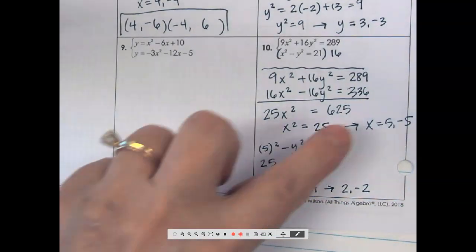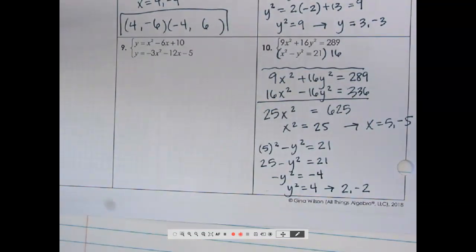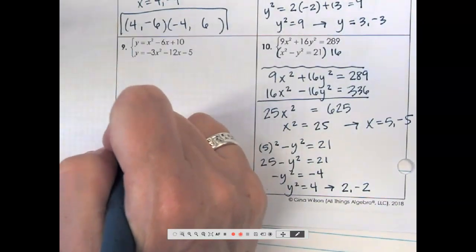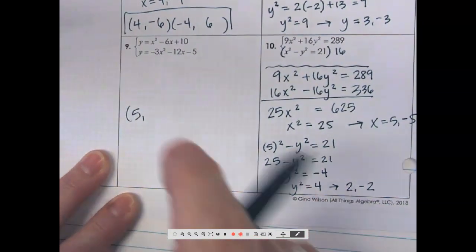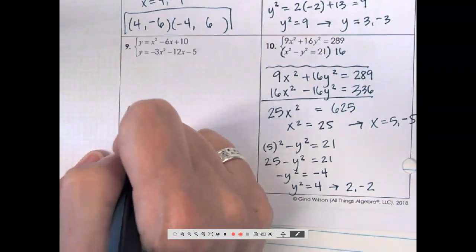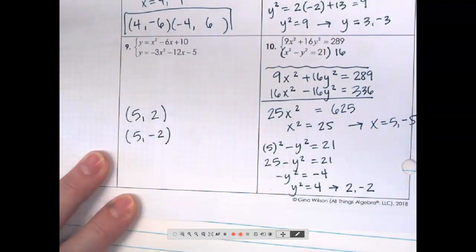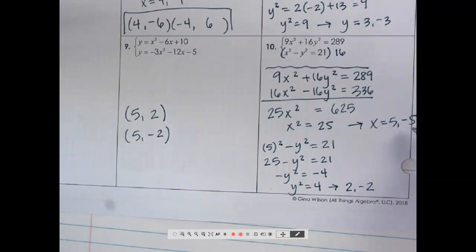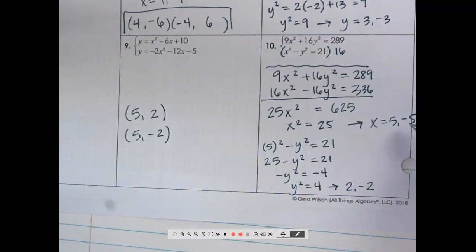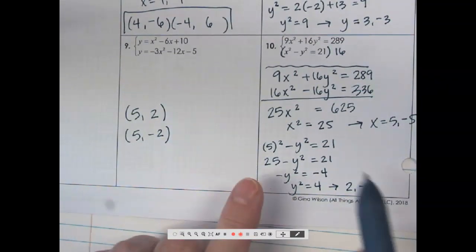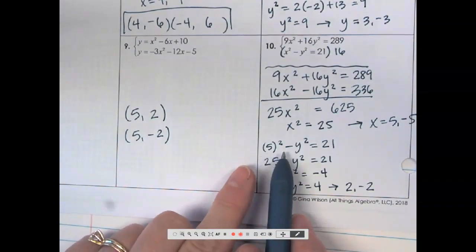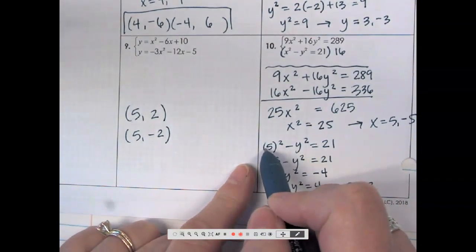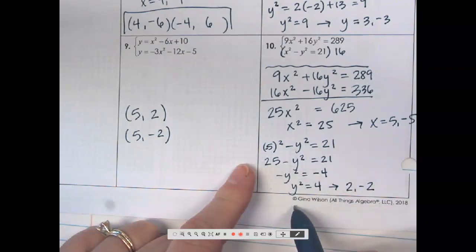Okay, so what I subbed in was 5 for x. So x was 5, and I got 2. But when x was 5, I also got negative 2 for y. So I'm going to just go out on a limb here and guess when I sub in negative 5, the same thing's going to happen. And look, if I go back to here and I just put a negative 5 in right here, is it going to change the rest of that at all?